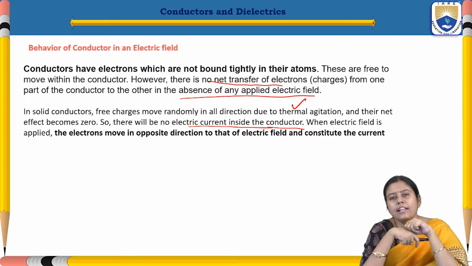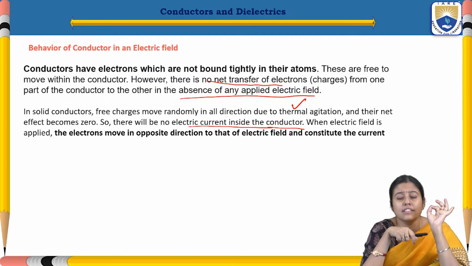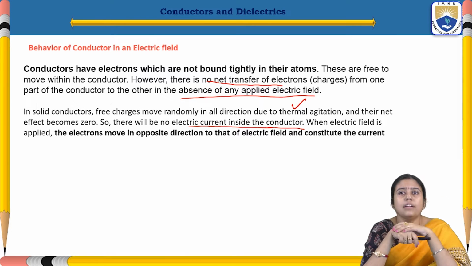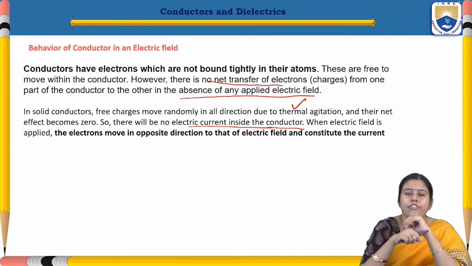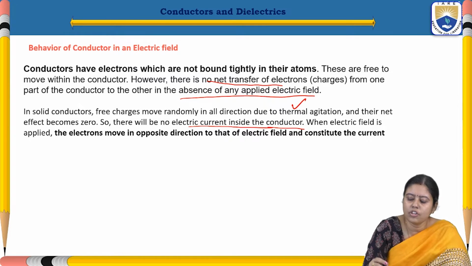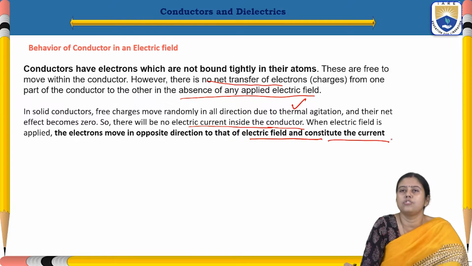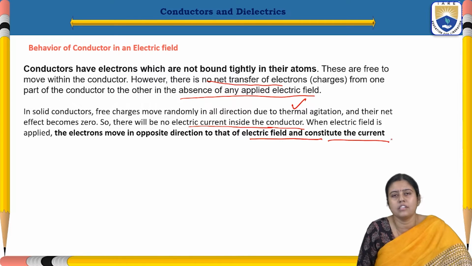We checked in the dielectric, there is some field inside the dielectric. But in a conductor there is no net charge, so there is no current. So when the field is applied, the electrons move in the opposite direction of the electric field and constitute the electric current.